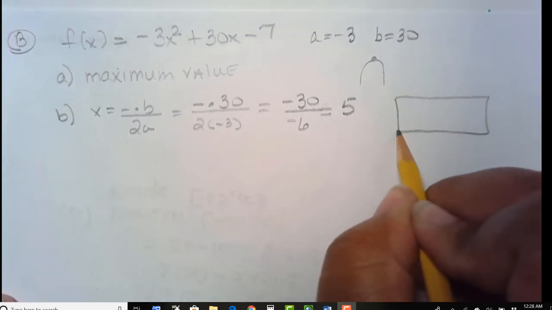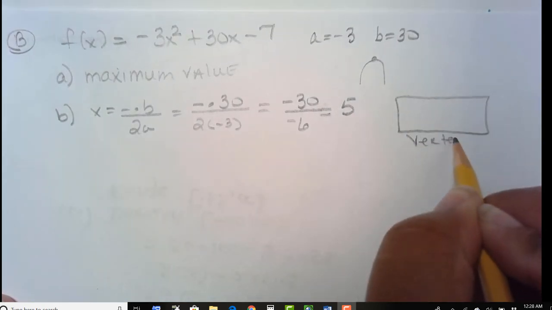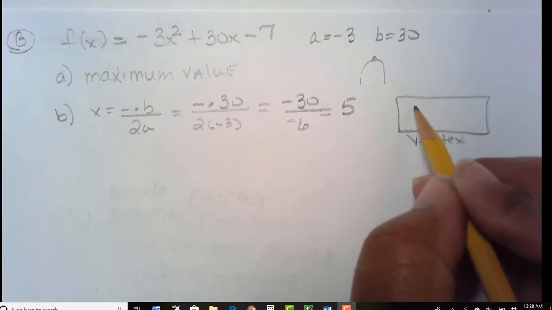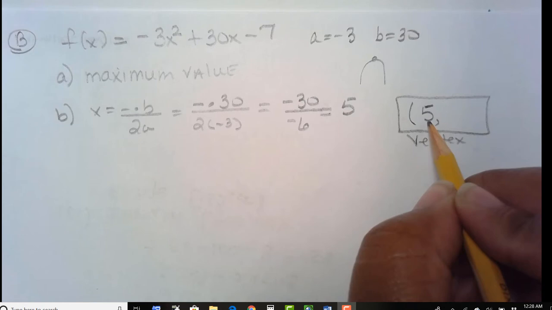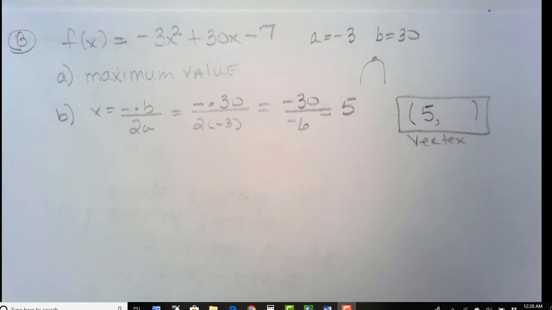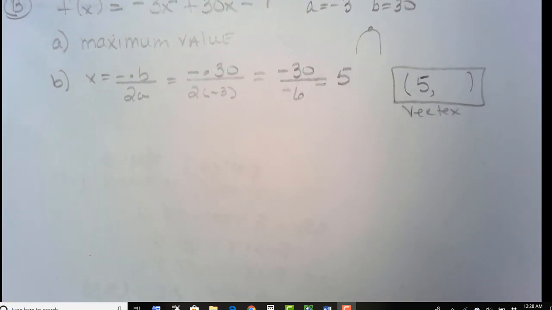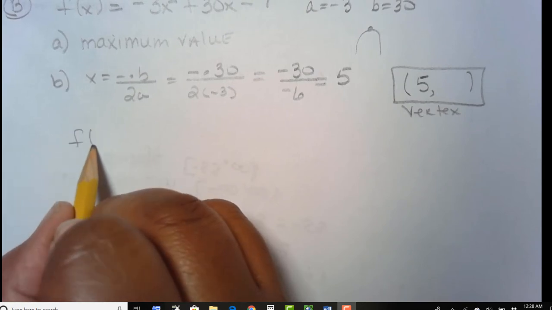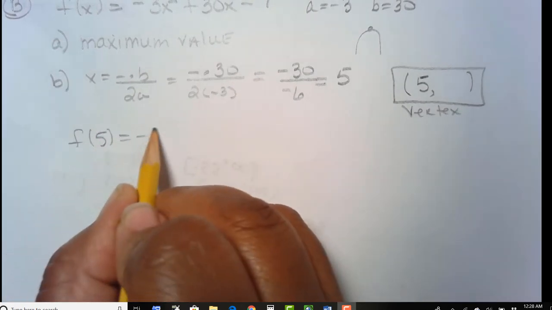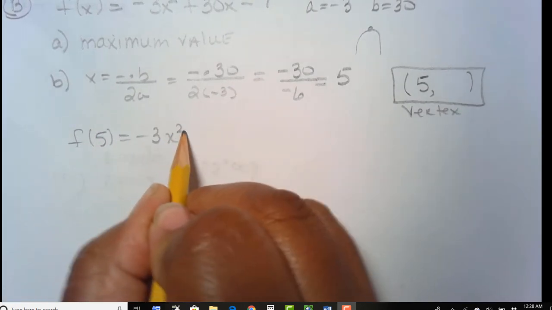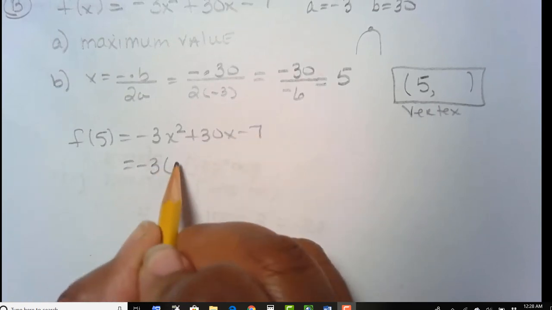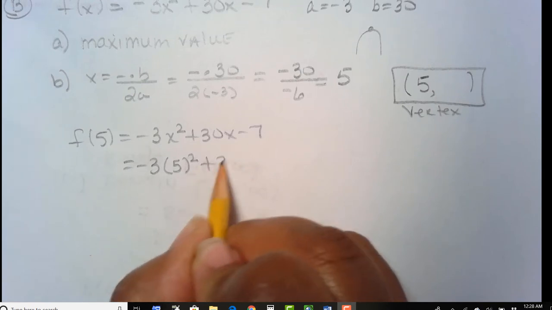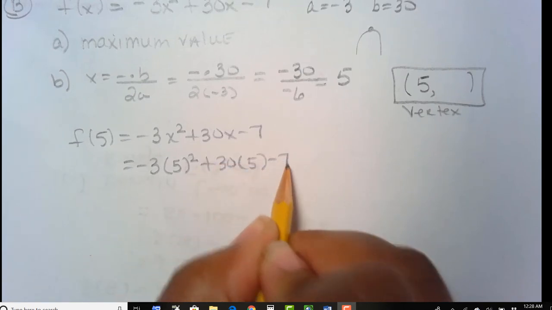So remember, we're looking for the maximum value. It's the vertex, so we know the x coordinate is 5. We want to find the y coordinate. So we're going to substitute 5 back into the original function for x. Negative 3 times 5 squared plus 30 times 5 minus 7.